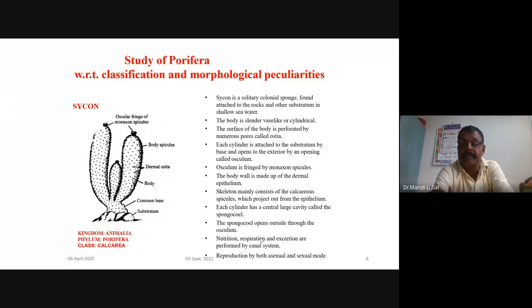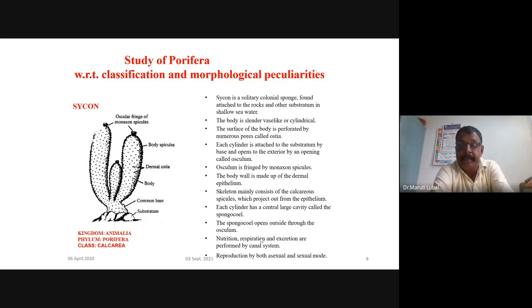The body wall is made up of dermal epithelium. Skeleton of Scypha mainly consists of calcareous spicules which project out from the epithelium. Each cylinder has a central large cavity. That cavity is called the spongocoel.